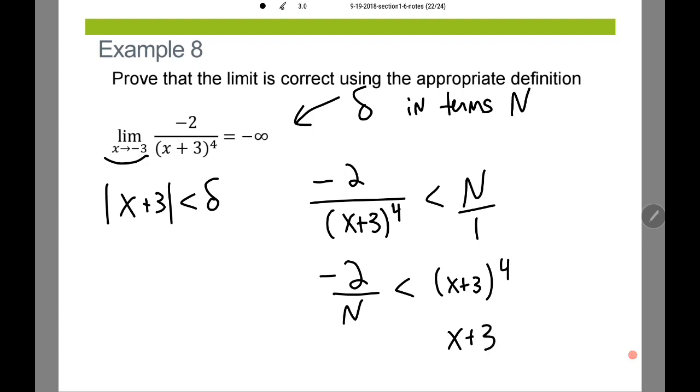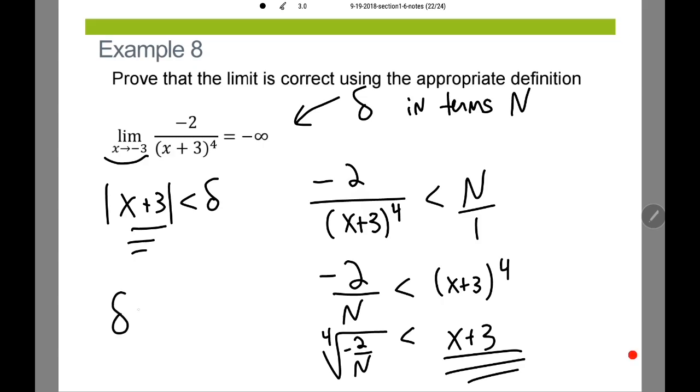I get x plus 3 over here. I get the 4th root of negative 2 over n. And if you've been keeping track of what we've been doing, these two things are the same, so that means that delta has to equal the 4th root of negative 2 over whatever the n value is.